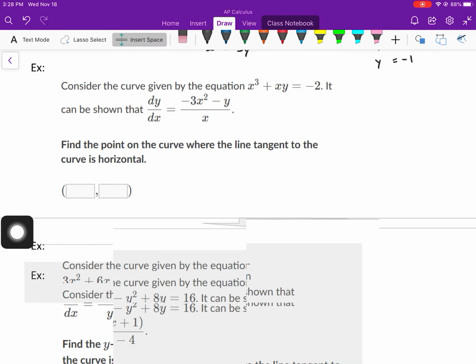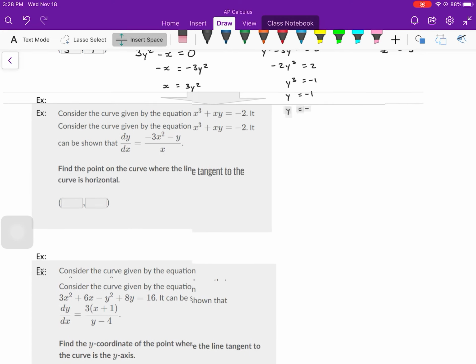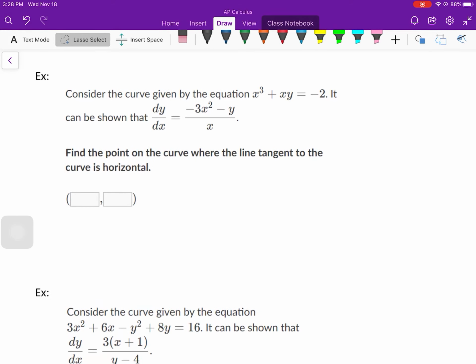Okay, so now let's look at the horizontal tangent. For a horizontal tangent, that means that the top equals 0. So it's going to be the exact same idea. Negative 3x squared minus y set equal to 0. It looks easy to solve for y, so let's solve for y and substitute that in.